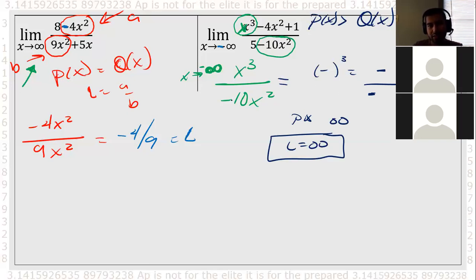This one was a little tougher, but because it was larger on my numerator, this was bigger, this was rising faster, than my denominator, it will be going to infinity.